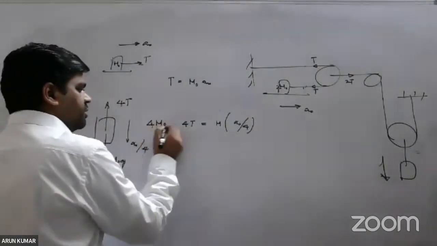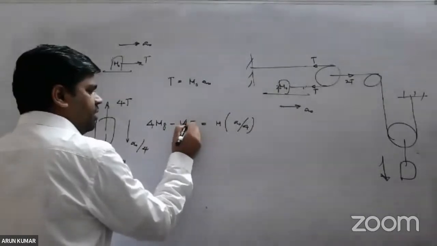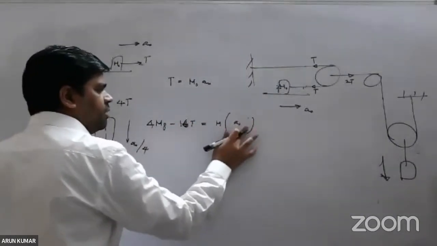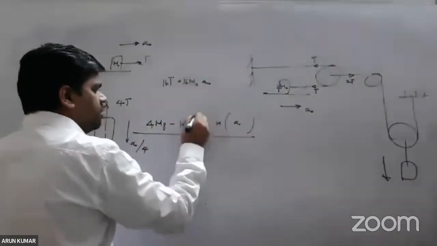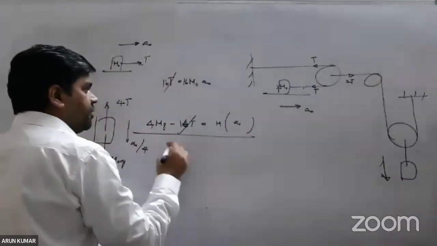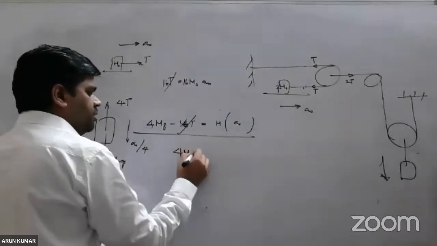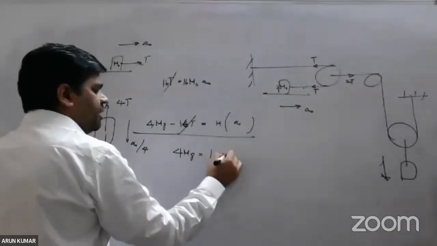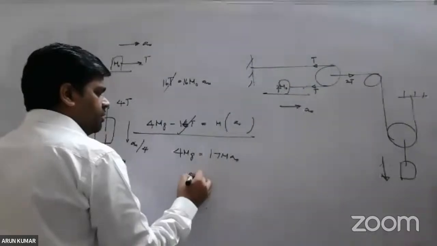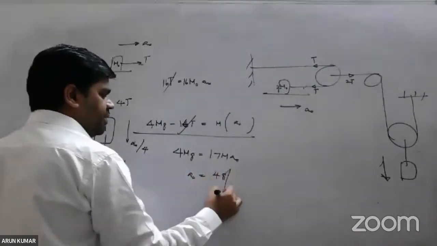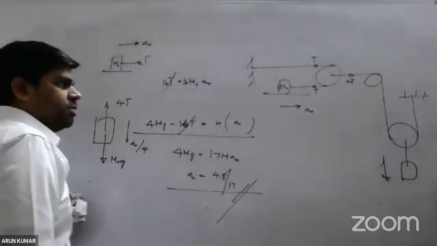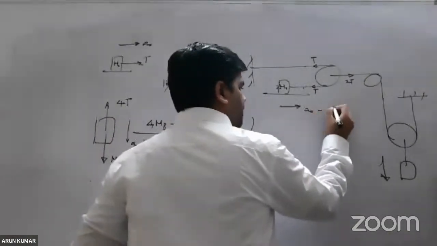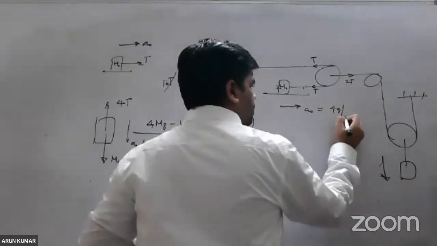So I multiply this with 4, this becomes 16. I multiply this with 16 and add these two. 16T gets cancelled out. I'll have 4mg is equal to 17m into A naught. So A naught is equal to 4g by 17. So G by 17.